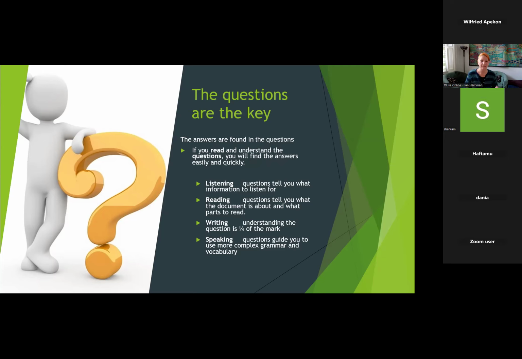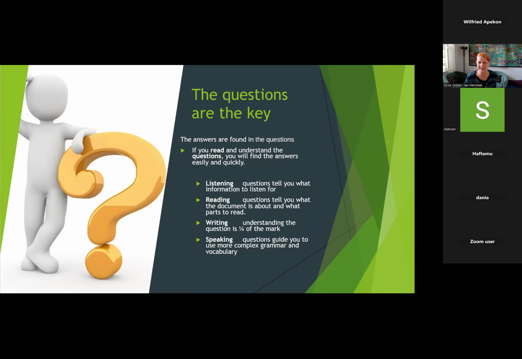And that's vital. So the key to all of this is to listen to the questions, to read the questions. So in the listening exam, the questions will tell you what you are listening for. So you could listen to a tape 6 times over. If you read the questions after, you won't have focused in your listening on the part you needed because you didn't know what it was.